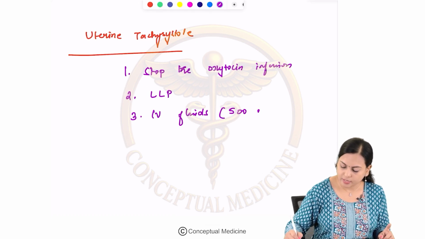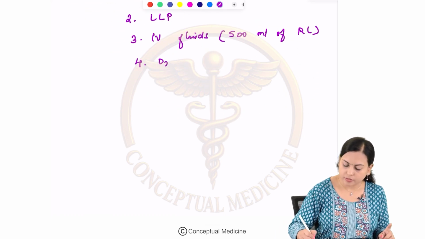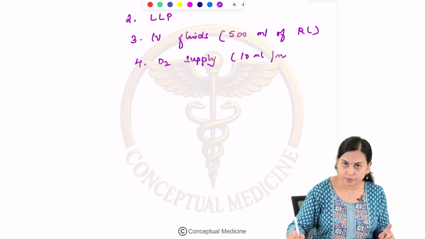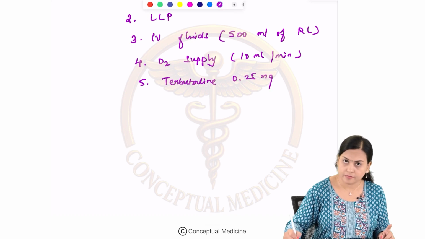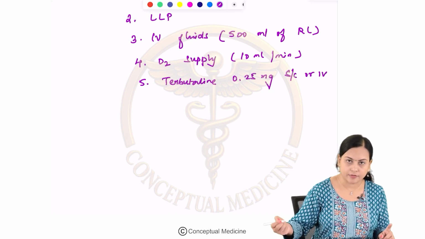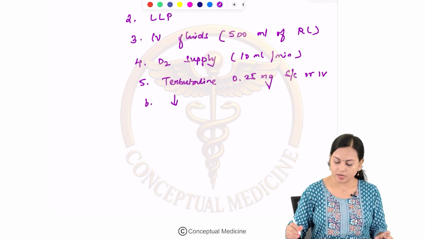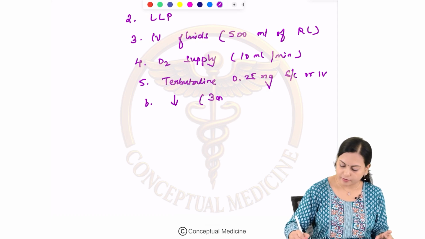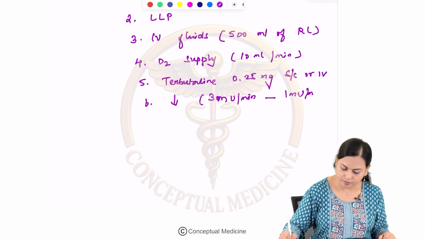A bolus of 500 ml of ringer lactate should be given, and then you have to give her oxygen supply also at a rate of 10 milliliter per minute, and you can even give terbutaline at a dose of 0.25 milligram subcutaneously or as an IV infusion, and you have to reduce the dose of incrementation. Okay. For example, suppose if you are giving at a 3 milliunits per minute, you can reduce the dose of incrementation to 1 milliunits per minute.